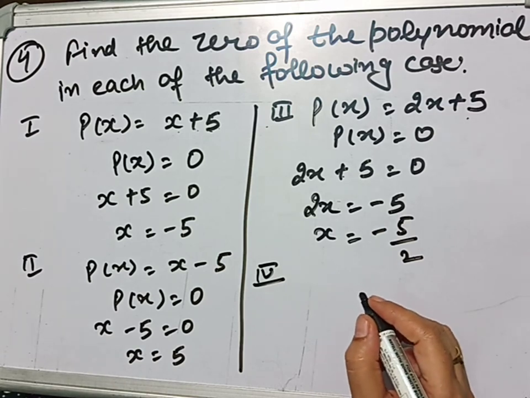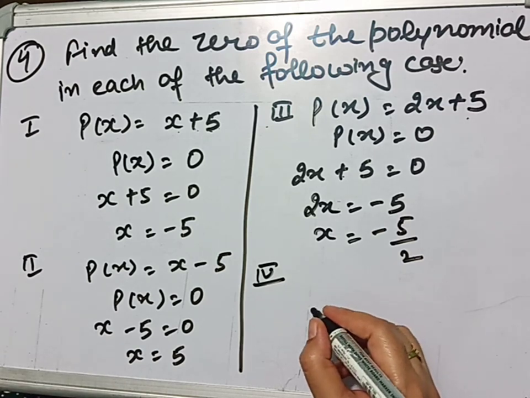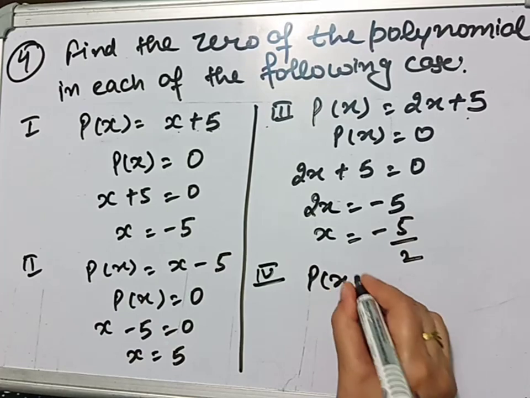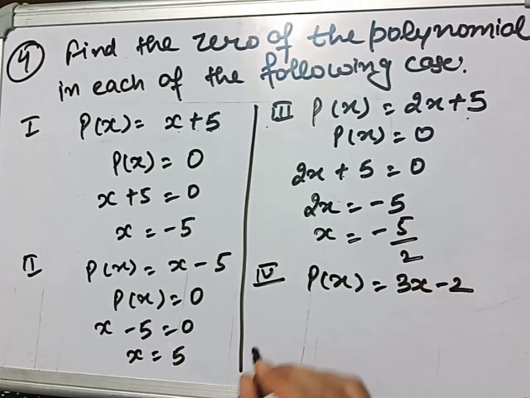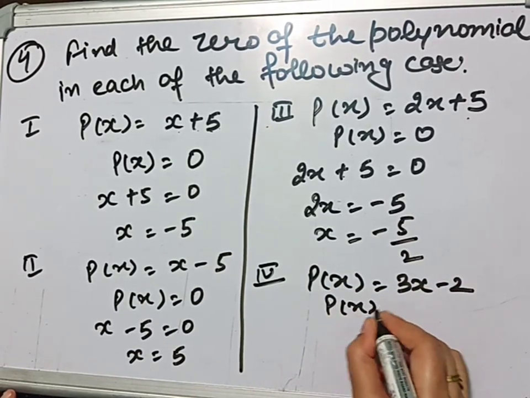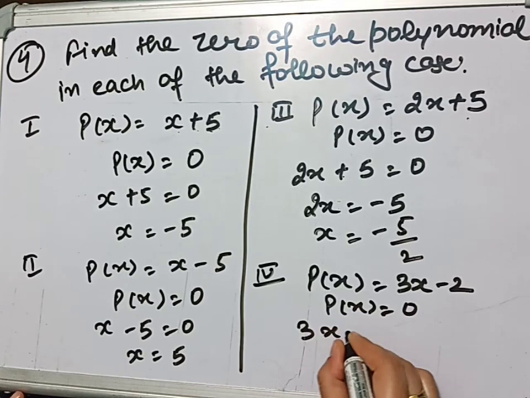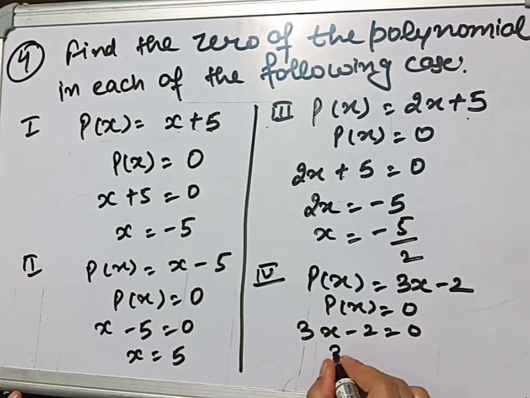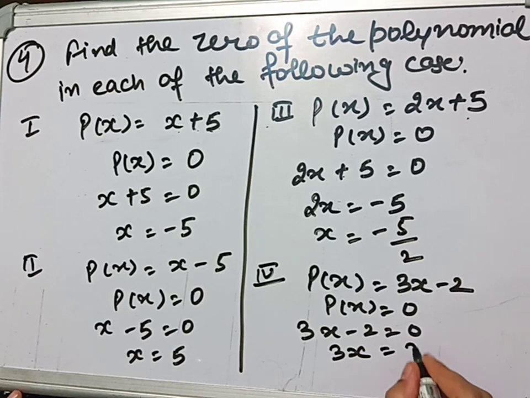Fourth part is p(x) is equal to 3x minus 2. p(x) is equal to 0. 3x minus 2 is equal to 0. 3x minus 2, it will be positive 2 on the right hand side. x is equal to 2 by 3.